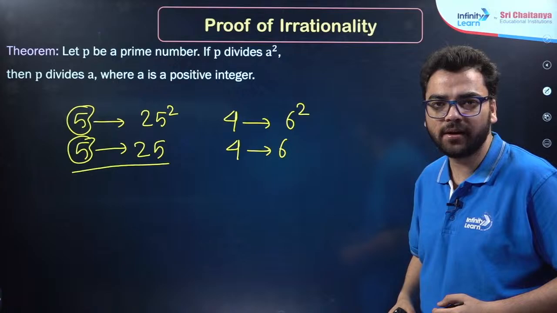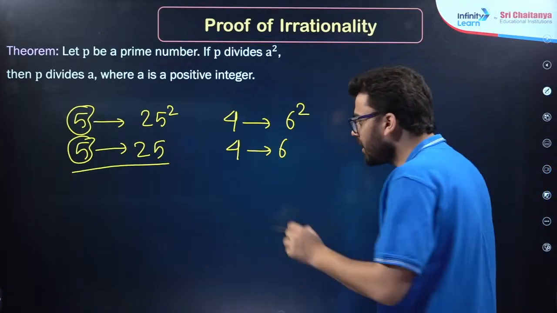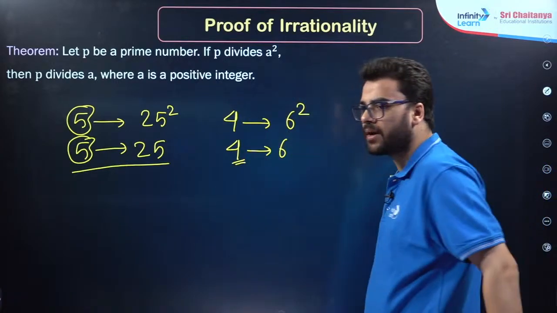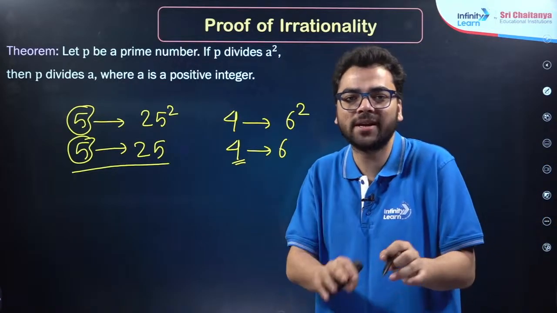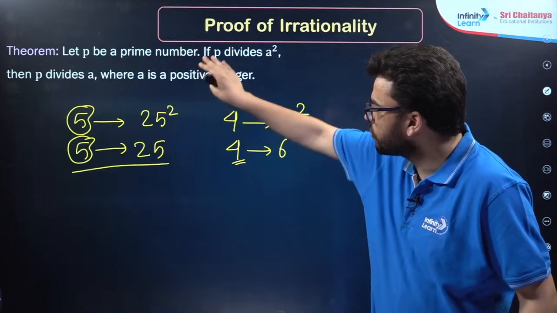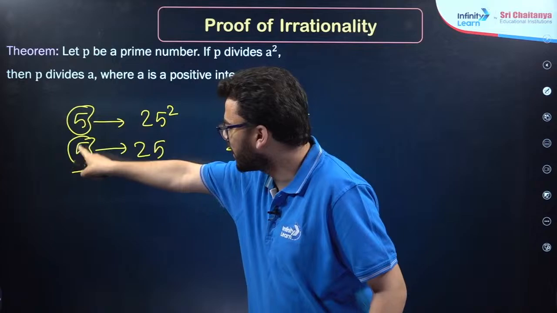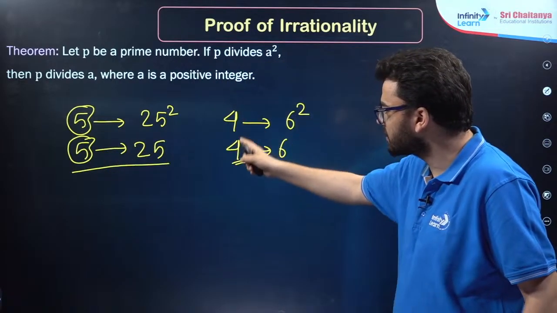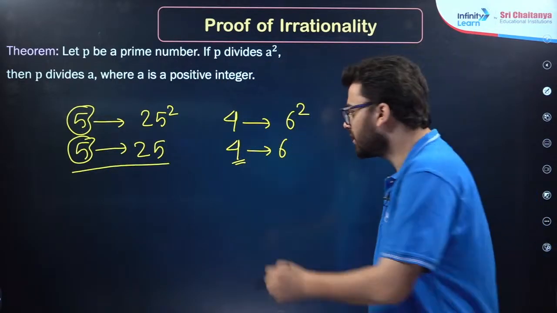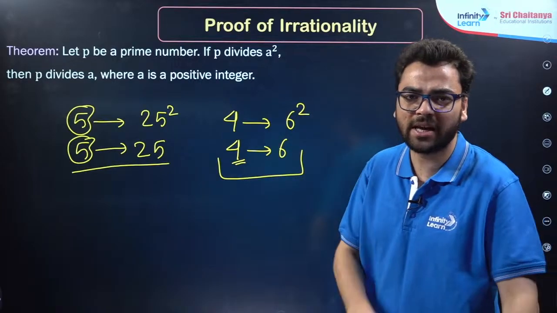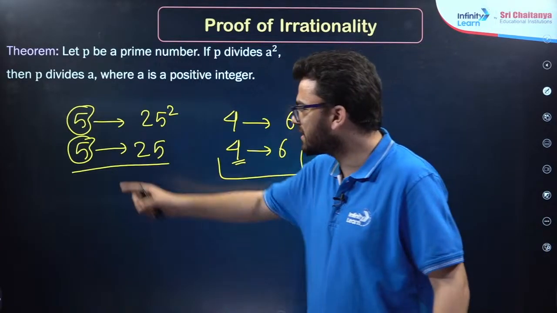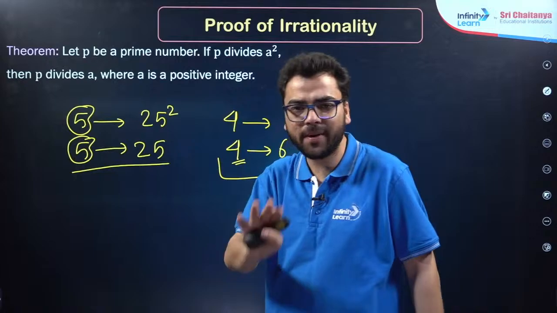So this is not happening because 4 is a composite number, not a prime number. This rule will happen when this number is a prime number. Over here 4 is not a prime number, so therefore this rule is not standing true. But if it is a prime number, every time it will be 100% true.